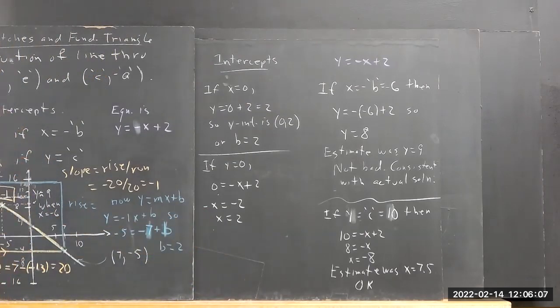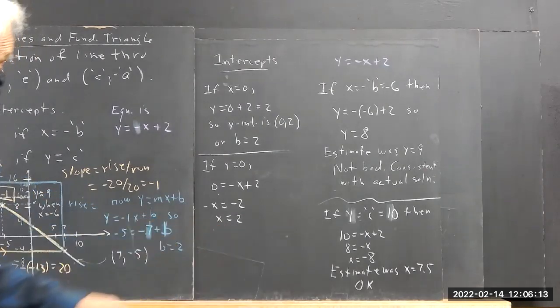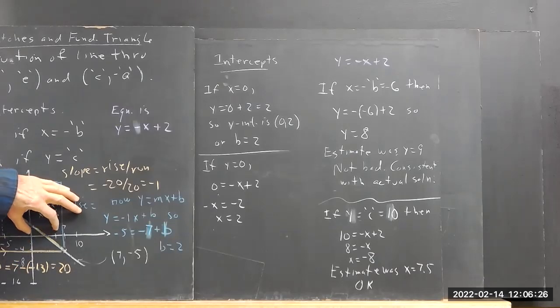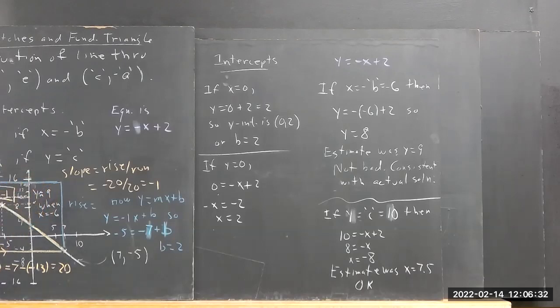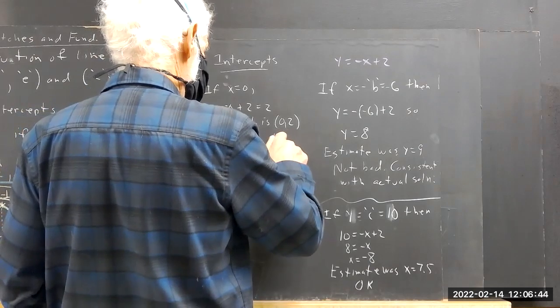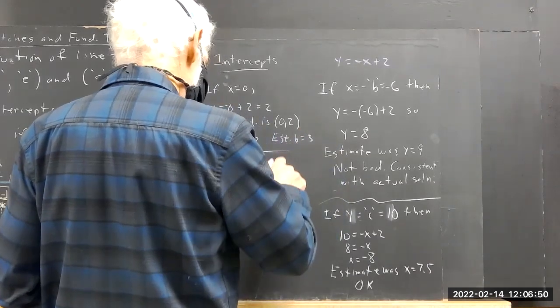That's where x equals 0. And if y equals 0, y is 0, that gives you points here. That's much closer to 3 than 2.